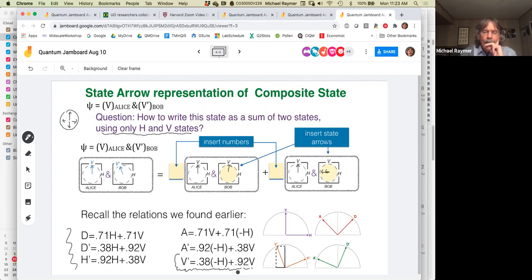Okay, that's looking good. I see this one. And I see this one. Now we need the numbers also. These numbers have to fill in the square boxes with numbers, not just plus or minuses. We got the 0.38 and the 0.92.